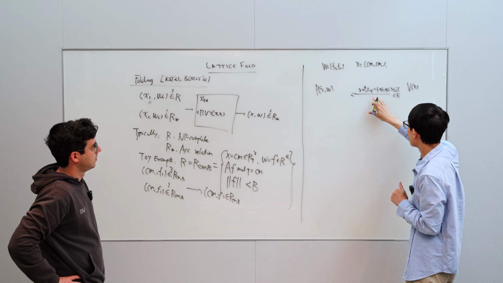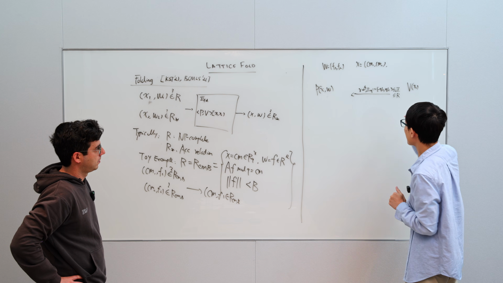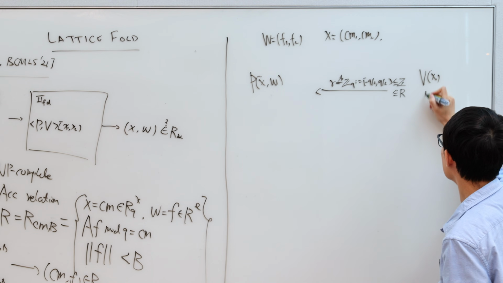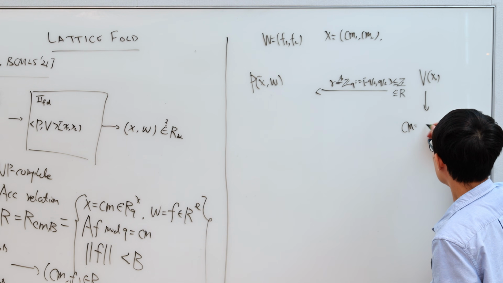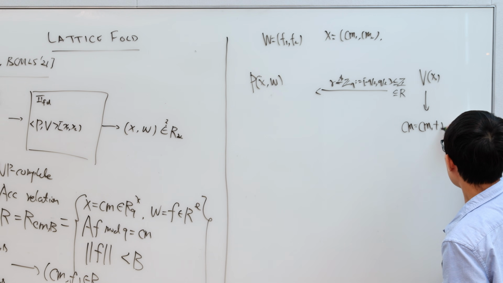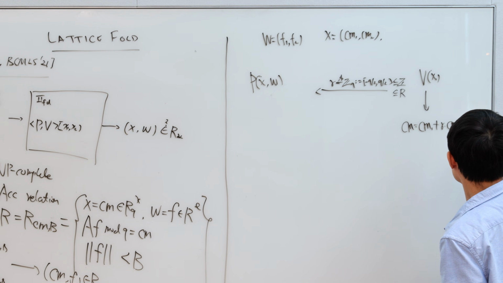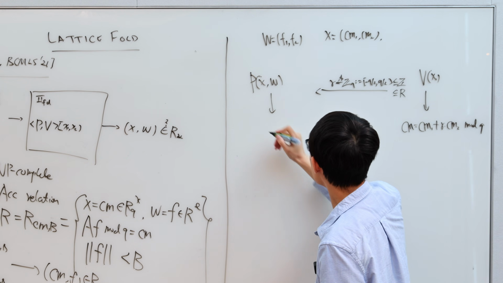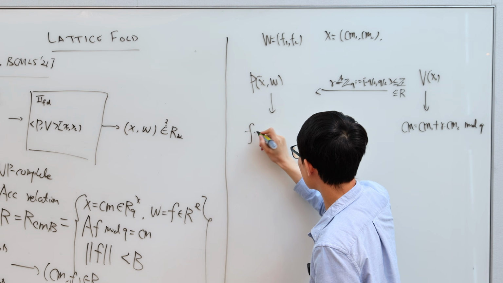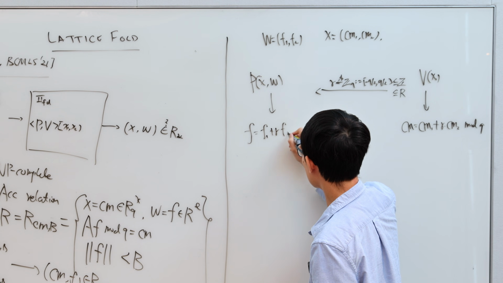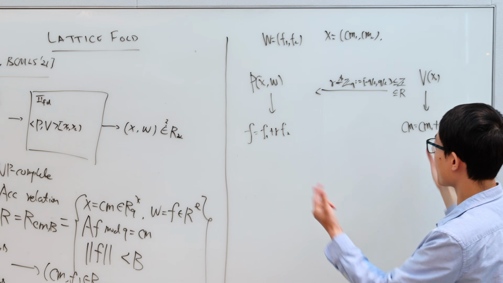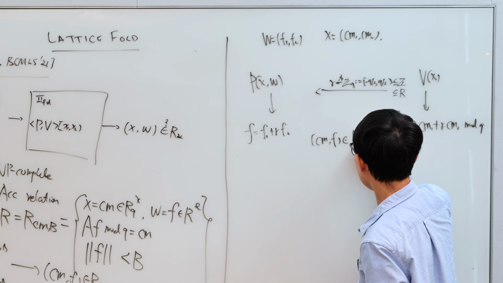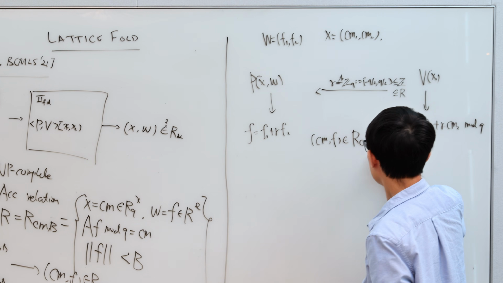The verifier sends this challenge and then immediately merges the two statements into one: CM equals CM1 plus r times CM2 mod q. Correspondingly, the prover computes the corresponding opening, F1 plus r times F2. Our hope is that we can reduce the problem to checking that CM, F is again in the relation.